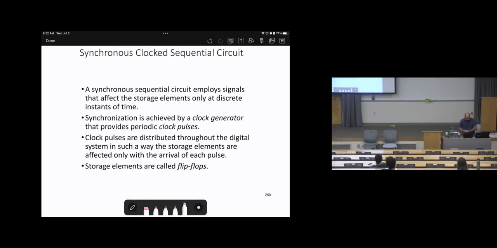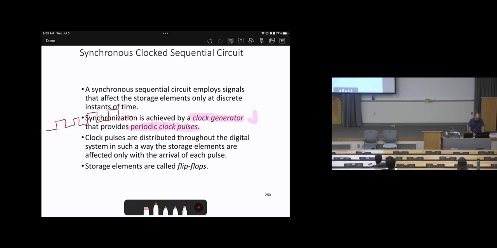In order to make it synchronous, there will be a clock generator, and that generator will create periodic pulses. Again, imagine the old wall watch, tick tock, tick tock. Each tick tock will create something called a pulse.